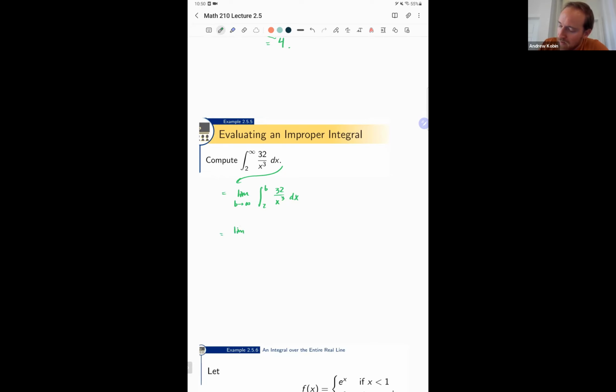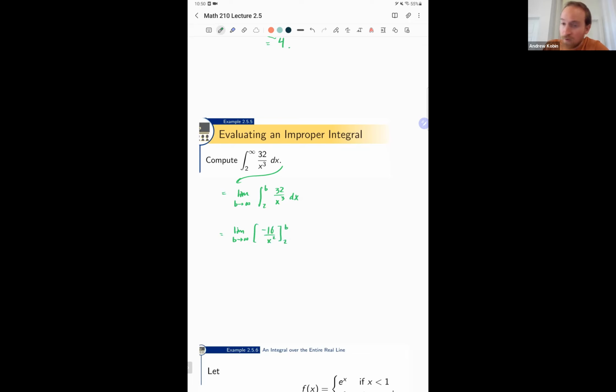I'm going to keep my limit around until I actually evaluate it in the end. So usually the last step will be removing the limit symbol by evaluating it. Meanwhile, we can integrate this. This is 32 times x to the minus 3. So the power rule says move that up to x to the minus 2 and divide by minus 2. That'll give us a negative 16 times x to the minus 2, or negative 16 divided by x squared.